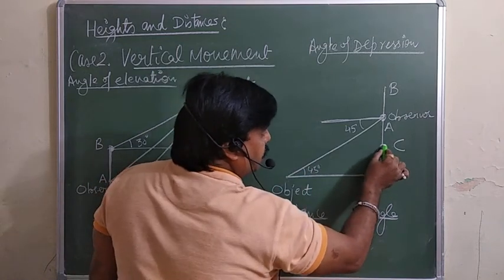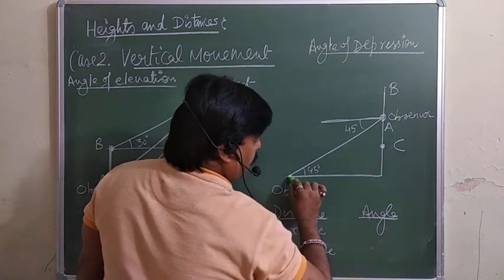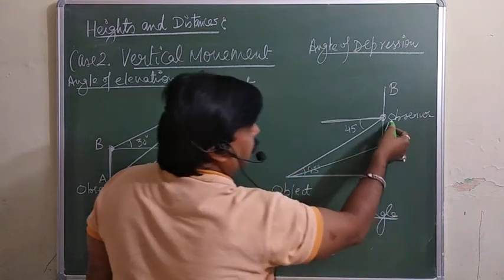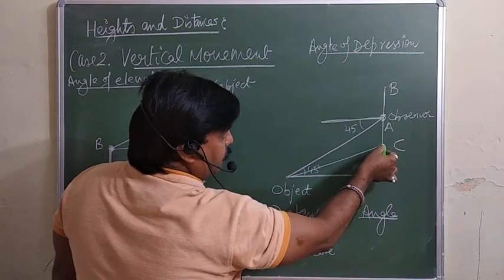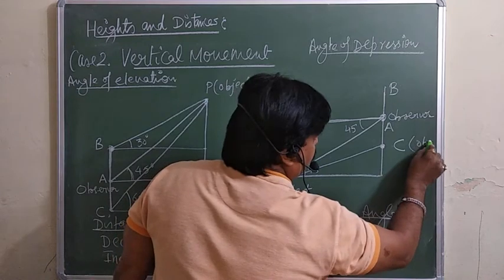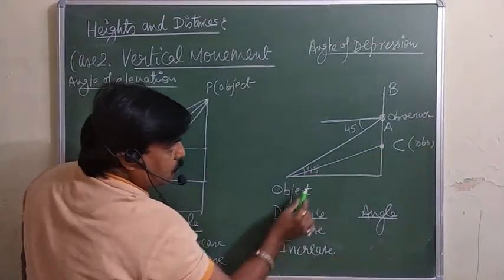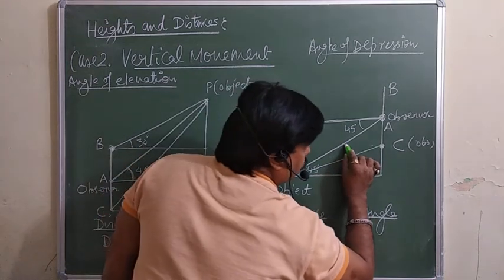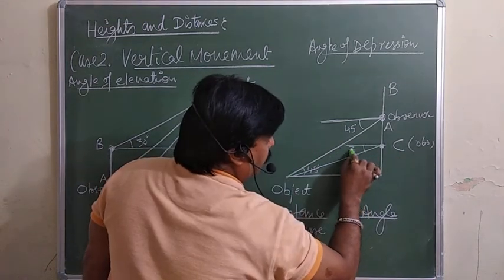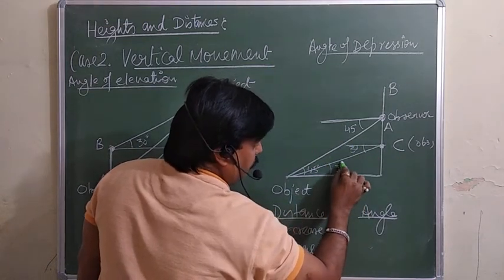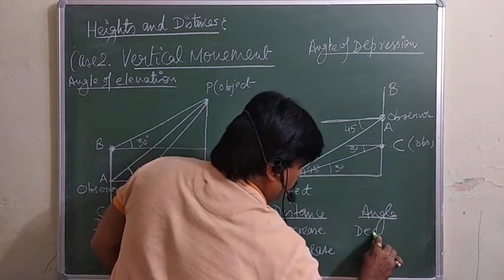Now your position is here. You come to the point C. It means the distance between the observer, now observer is here at the point C, and the object is going to decrease. So angle will also decrease. See, look at here. This angle may be 30. So here the angle will also decrease.